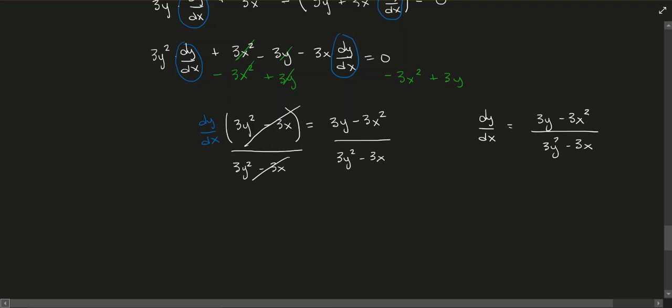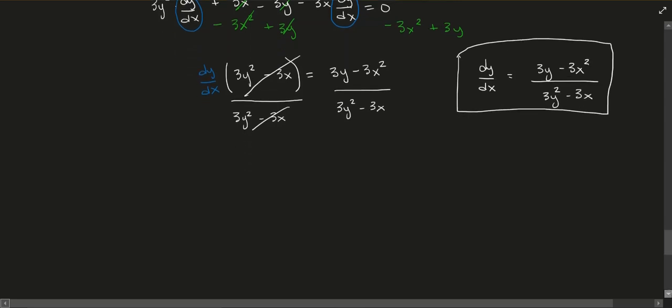Oops, almost forgot my square in the denominator. So this is the derivative, and if we plug in the point (3/2, 3/2), that will give us the slope at that point. So let's go ahead and do that next.